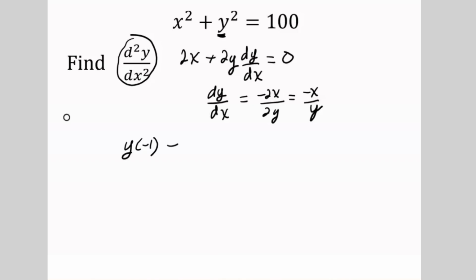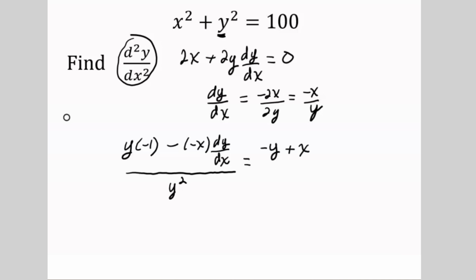High would be negative x times d low, the derivative of low, and the derivative of y is, in this case, implicit. So it'd be 1 dy/dx. All divided by low squared, so divided by y squared. So simplifying this, I would get negative y plus x dy/dx.